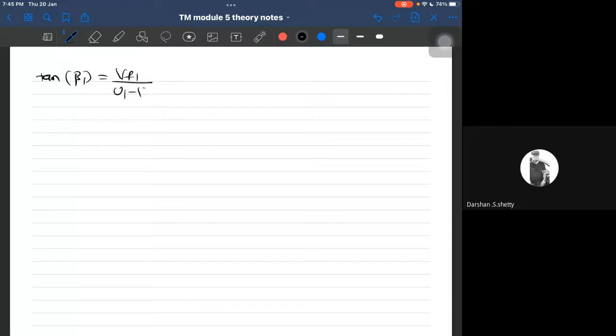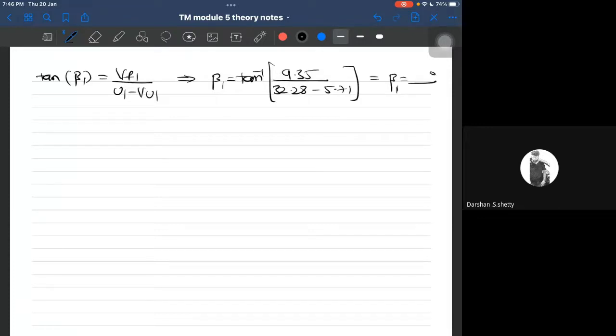So from this, beta 1 is equal to tan inverse of 9.35 divided by 32.28 minus 5.71. So from this, what is the value of beta 1 in degrees?